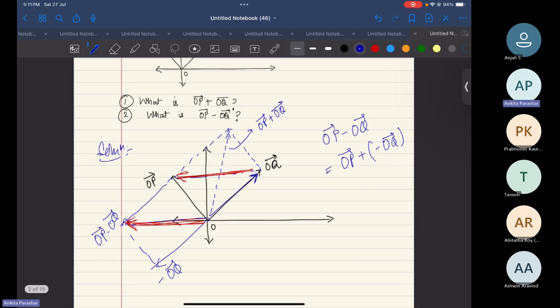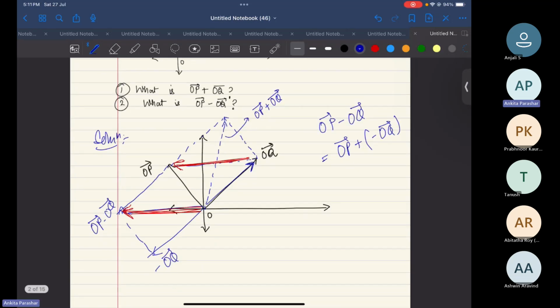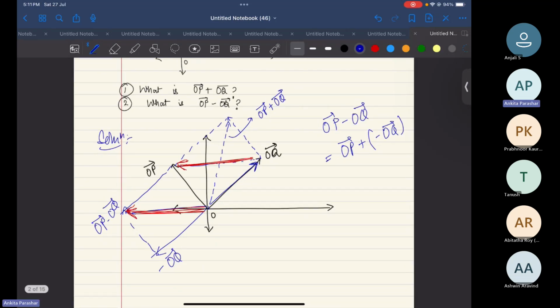So we saw that if we want to sum up two vectors, we have to just complete the parallelogram, and the diagonal is going to give me the sum of OP and OQ. But if you want to see OP minus OQ, we have to just take the direction of OQ in the reverse.